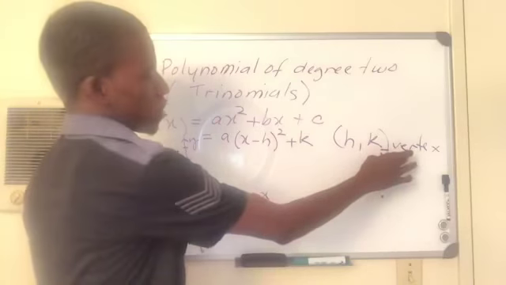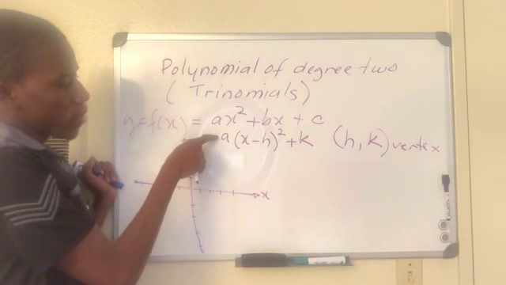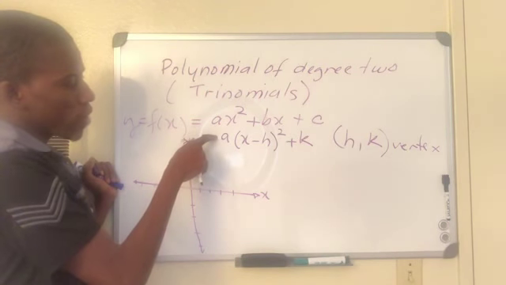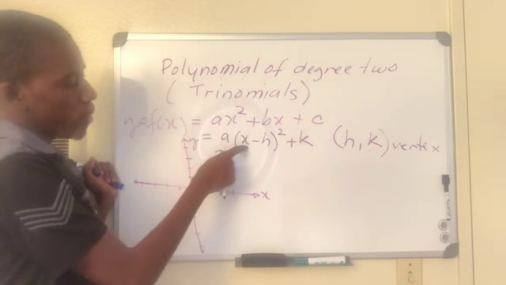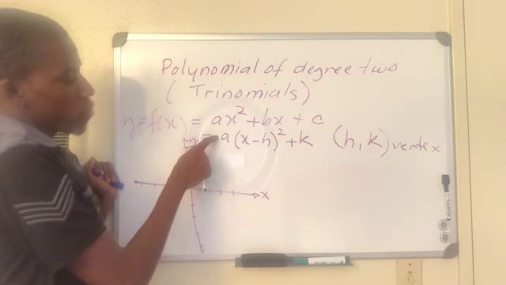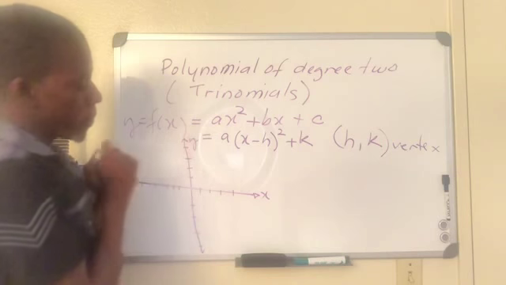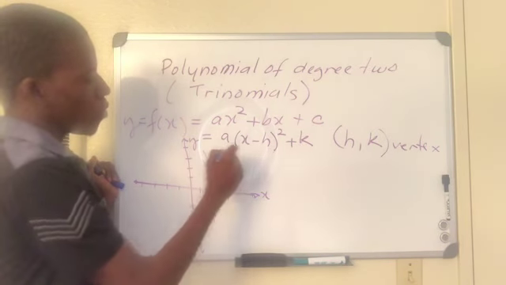We would have to analyze the sign that is in front of a. So if the sign is positive, I have f of x because my function is a function of x. If the sign in front of a is positive, my U is open upward.